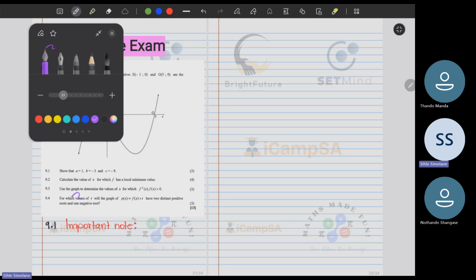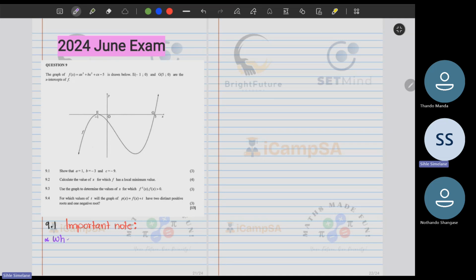This note is that when the intercept, or the x-intercept to be more specific, is also a turning point, then the factor that we will have is squared. Okay, that is very important.